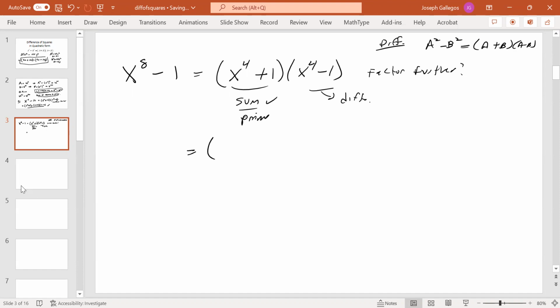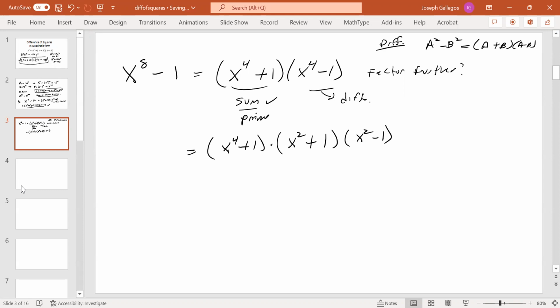There's nothing we can do with the sum of squares, so we have x to the 4 plus 1 in the set of parentheses. Now x to the 4 minus 1: the square root of x to the 4 is x squared, and the square root of 1 is 1. So we have x squared plus 1 in the first set of parentheses and x squared minus 1 in the next.